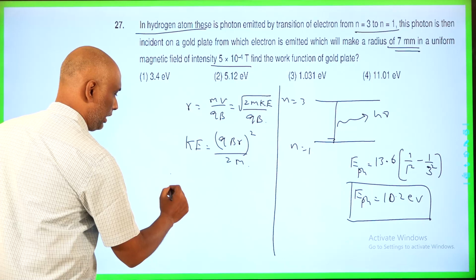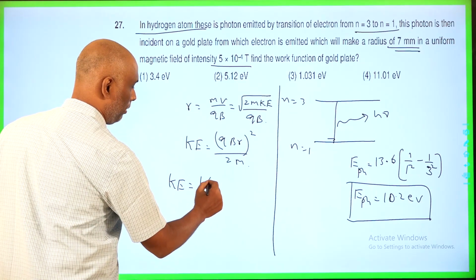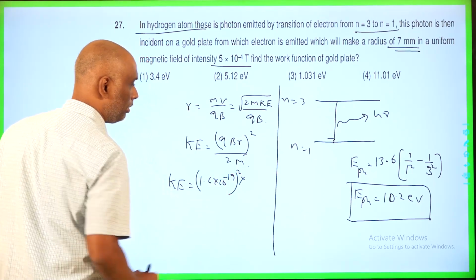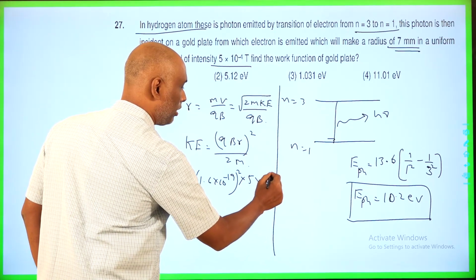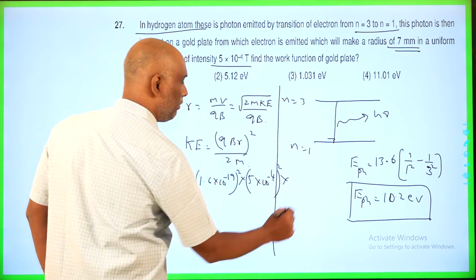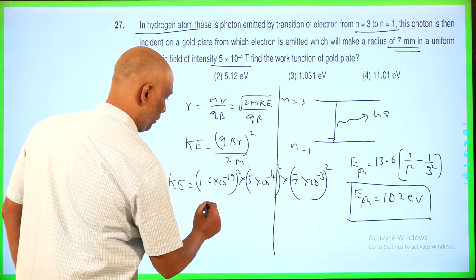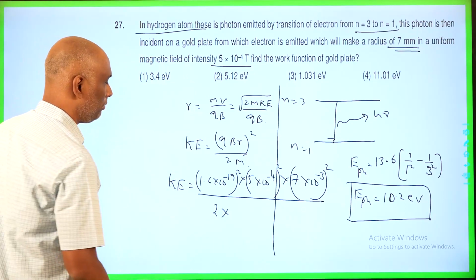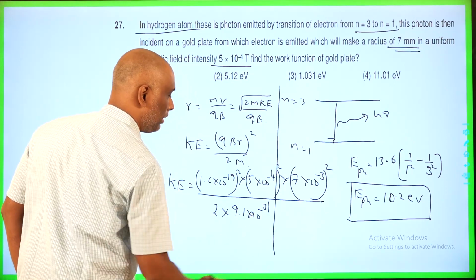So the kinetic energy equals q, the charge of the electron, 1.6 into 10 to the power minus 19, whole square, times B, the magnetic field induction, 5 into 10 to the power minus 4 Tesla whole square, times the radius 7 millimeter, 7 into 10 to the power minus 3 whole square, divided by 2 into the mass of the electron, 9.1 into 10 to the power of minus 31 kg.